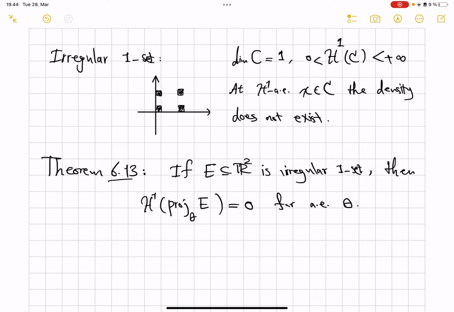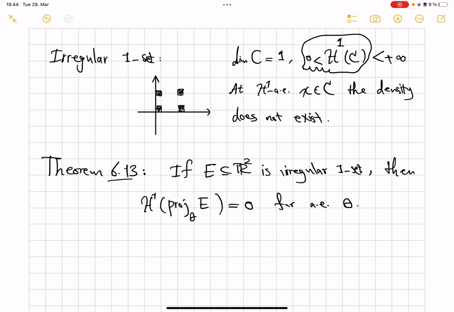This is a more surprising fact when you see it for the first time compared to the previous version with curves, because that is what we expected. We have a line or a curve, so its projections are significant. But this is saying that you have a set in R2 which does have positive length.